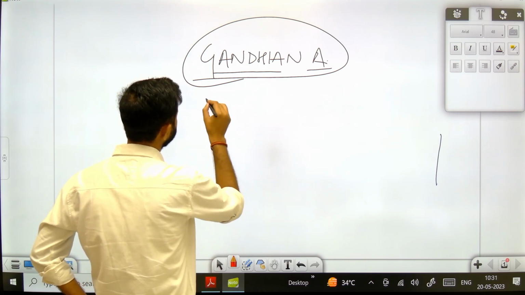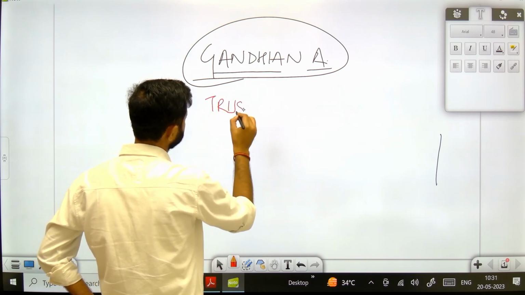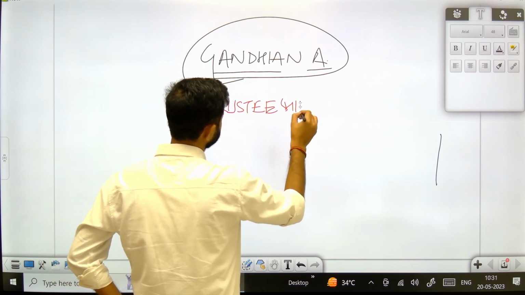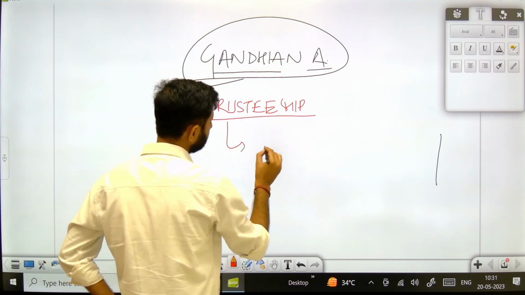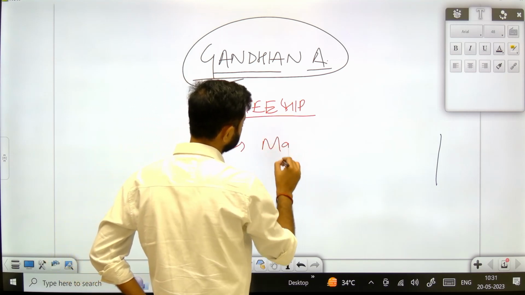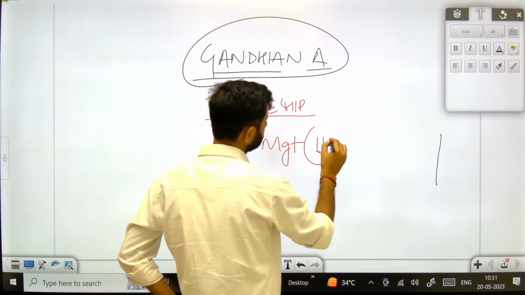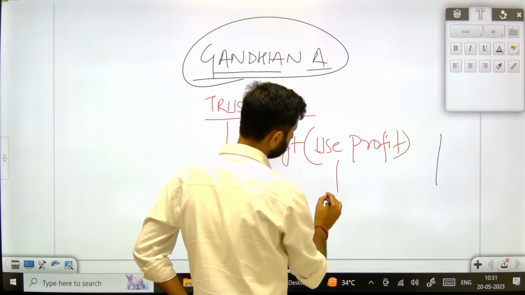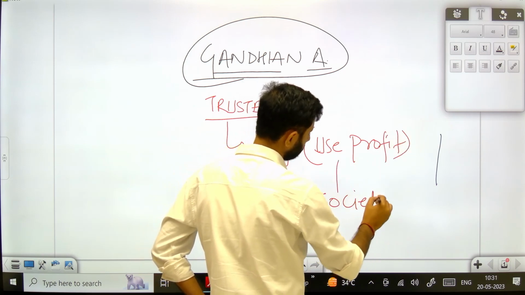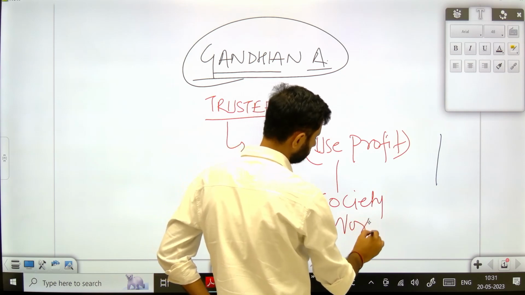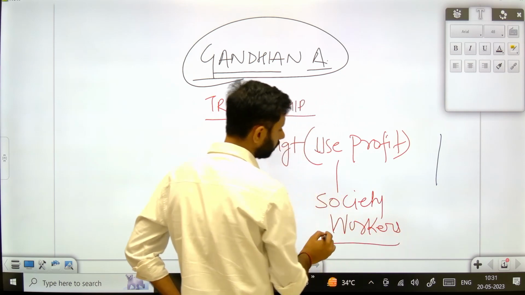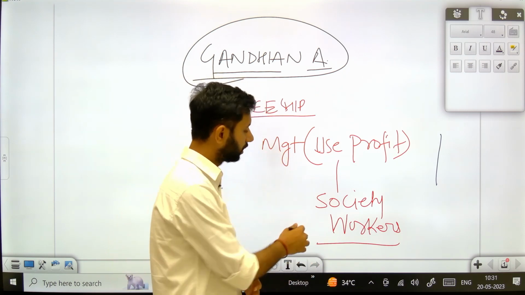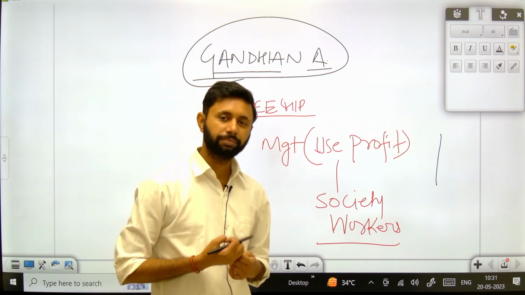Last but not the least, trusteeship. It says that the management should use profit for the benefit of society, its workers, in order to have a healthy relationship, because then all the people, especially workers, will feel justice being done to them.